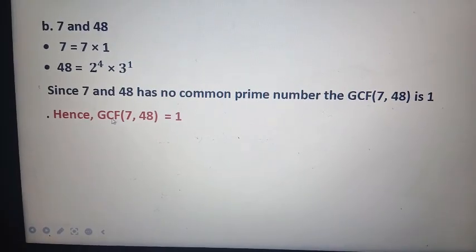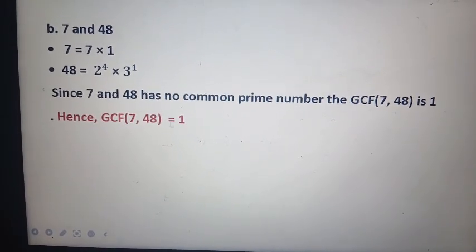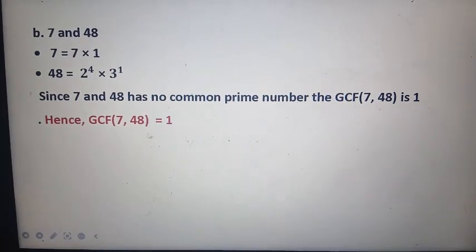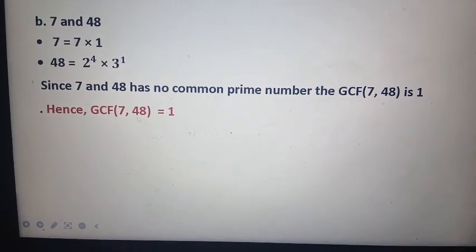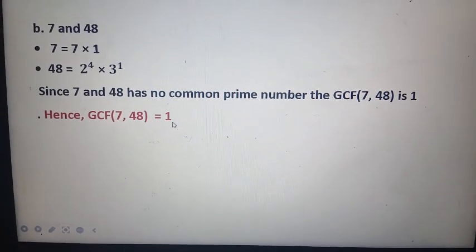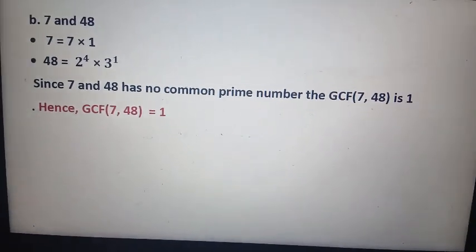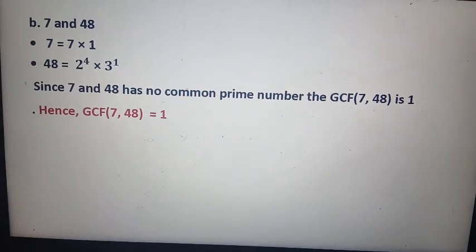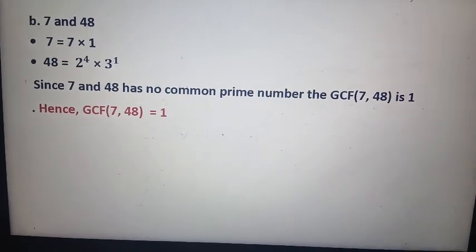So if the GCF of two numbers is 1, then the two numbers are co-prime.